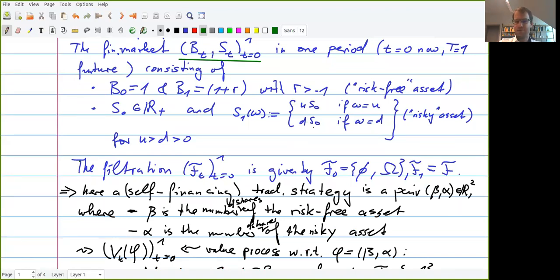So we have the parameter R and the parameters U and D. And whether the market is arbitrage free or not will depend on how we choose these parameters.